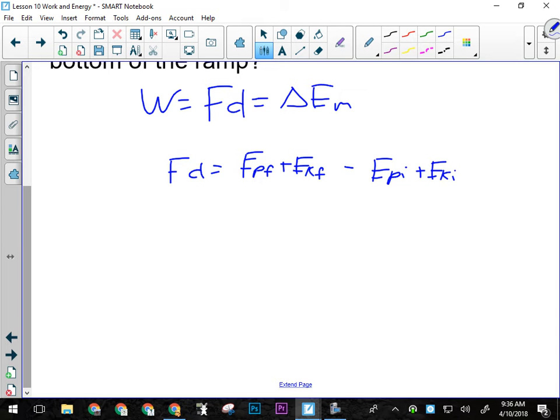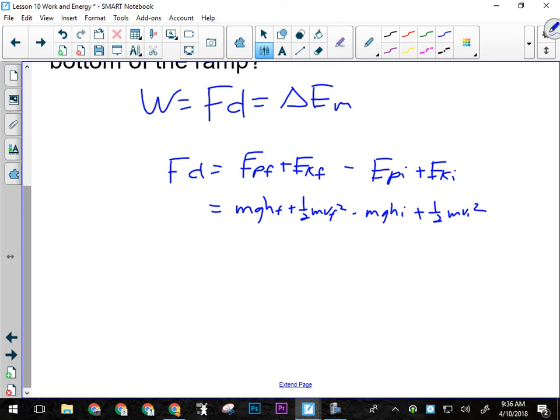And then obviously we have formulas for potential and kinetic energy. So this would be mgh final plus 1/2 mv final squared minus mgh initial plus 1/2 mv initial squared.